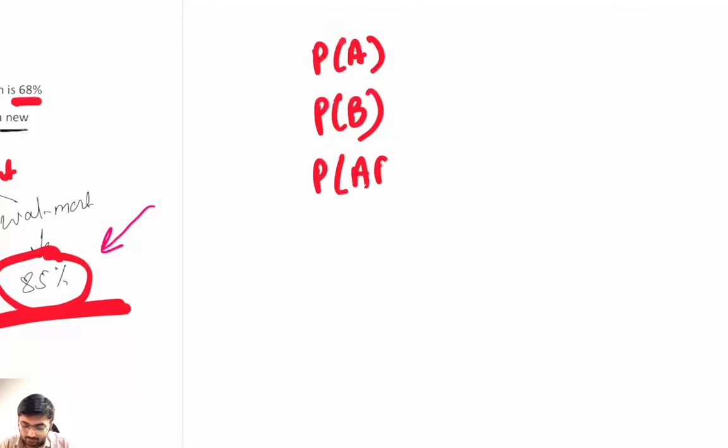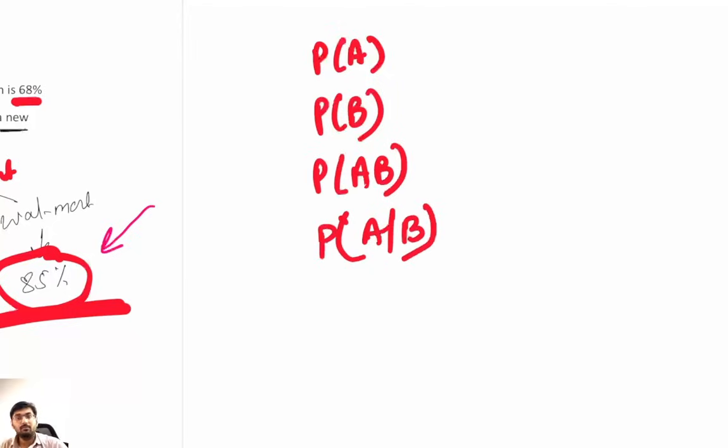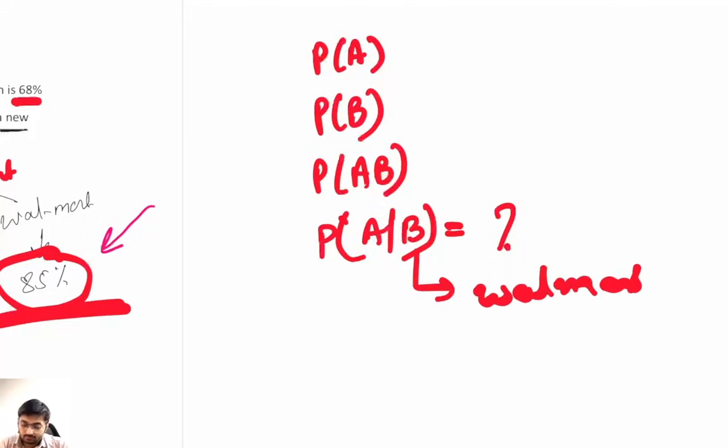So how can I write this? Probability of A, probability of B, and probability of AB. And what I want to calculate is probability of A given B. Clear? This is what I want. What is B? Walmart. Clear? And what is A? Wendy. Clear?